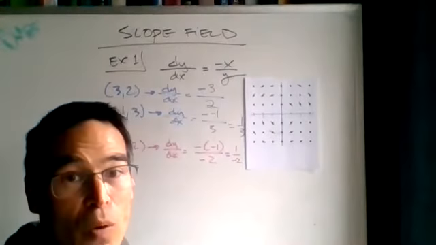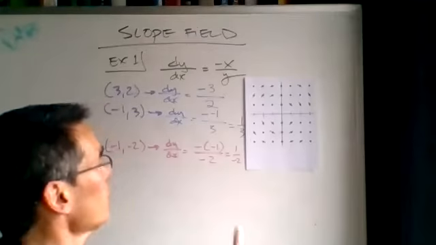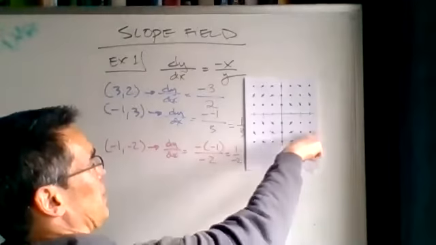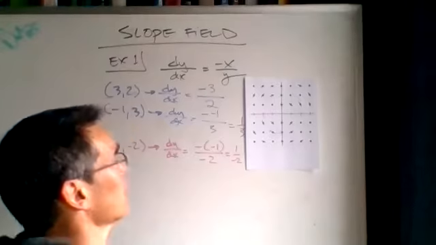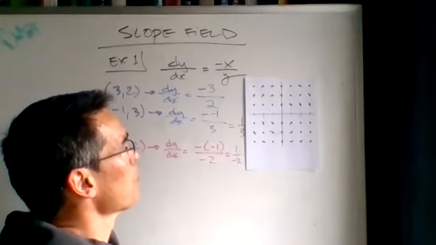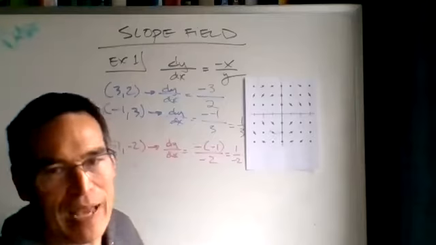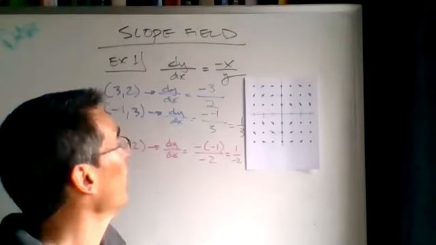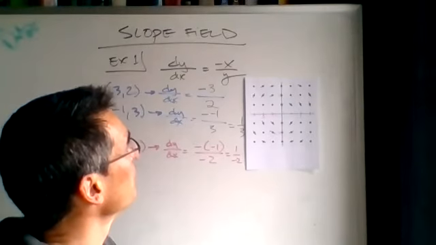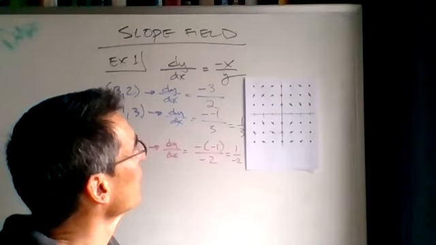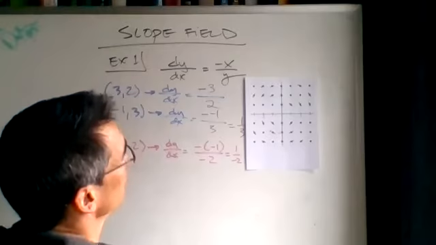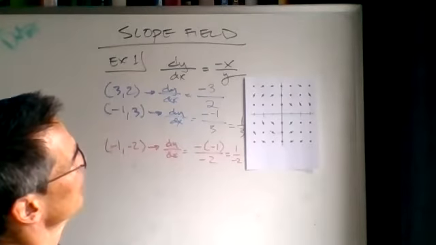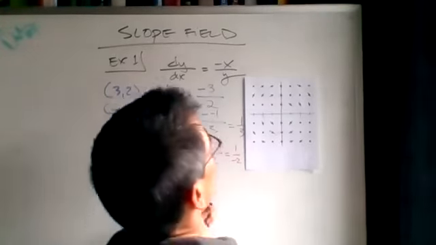So you can make the rest of these, and you could create an entire slope field. I think they probably ask you to here, but we're not going to do the whole thing. I'll put a few more in. If you look, they have some.